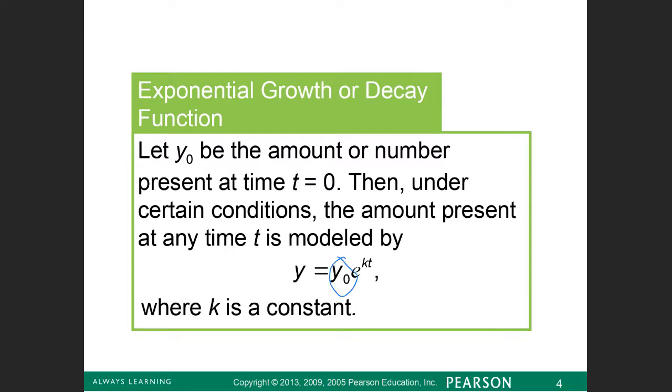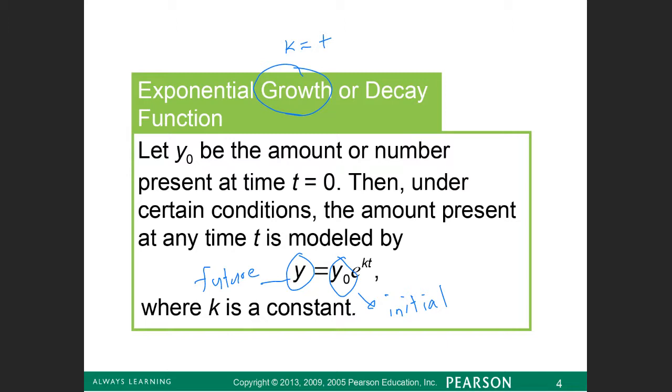Y sub 0 here is the initial amount, and y here is the future amount. Now, when you see exponential growth, k here is positive.